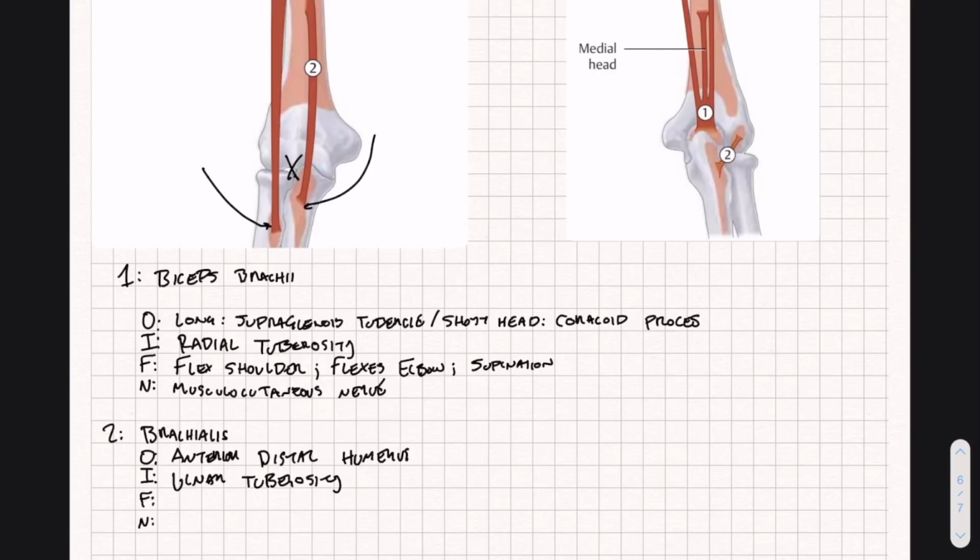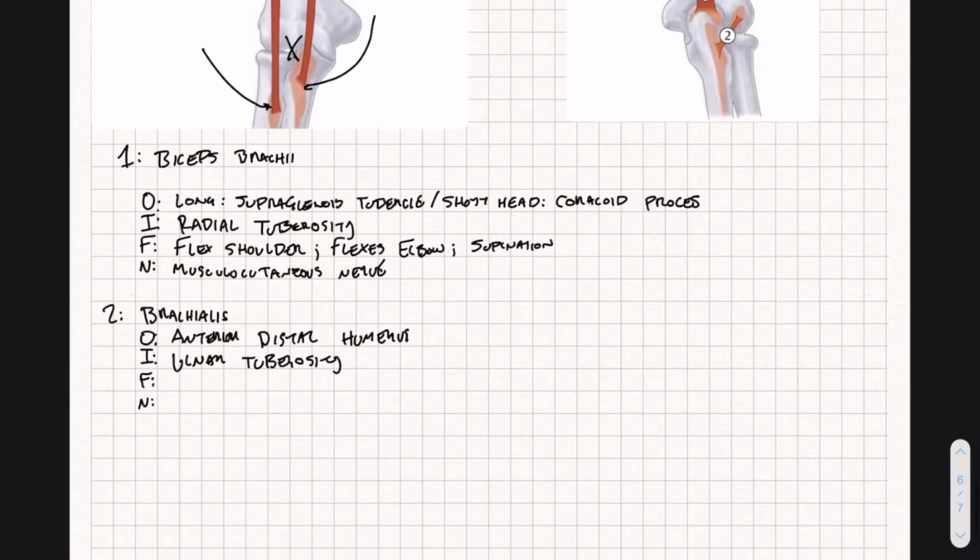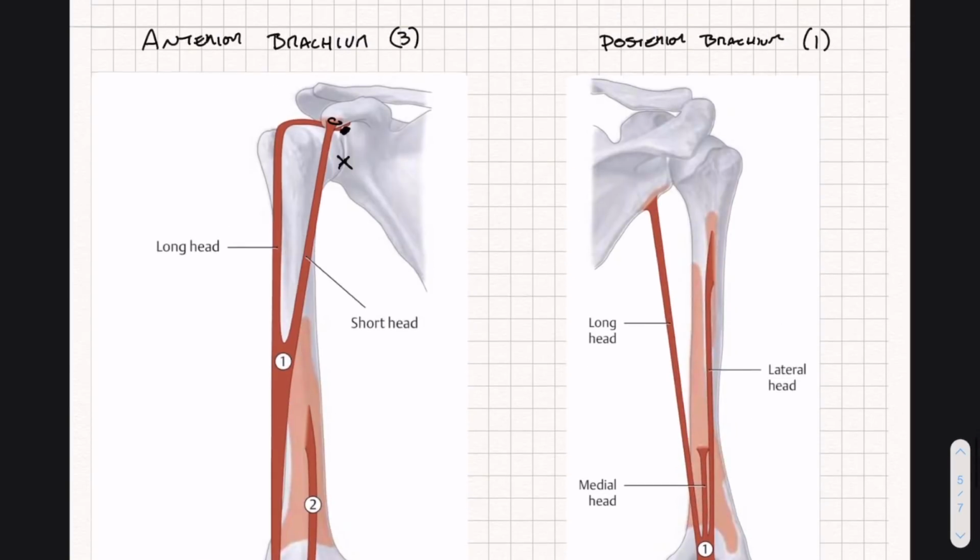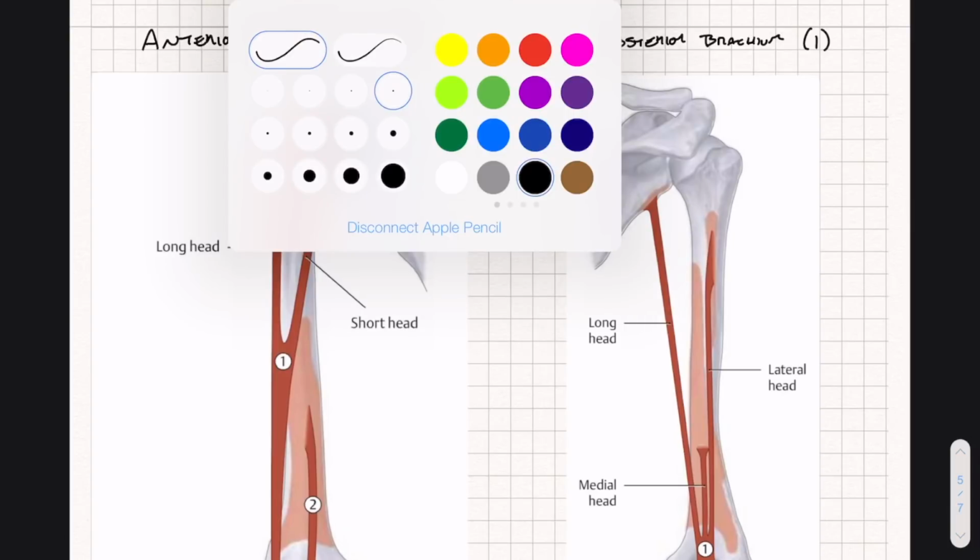The ulna, its only real function, since there's a hinge joint between the humerus and that olecranon, it can only flex. This muscle can only flex because there's no other real movements of the ulna other than that flexion. And the nerve is also the musculocutaneous.